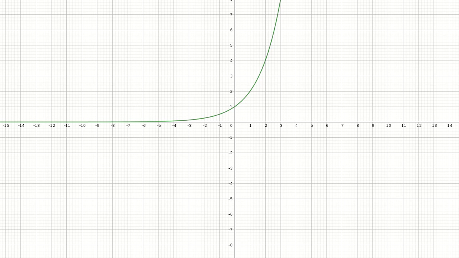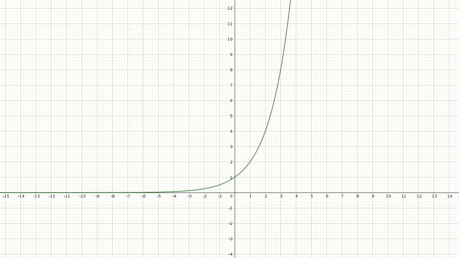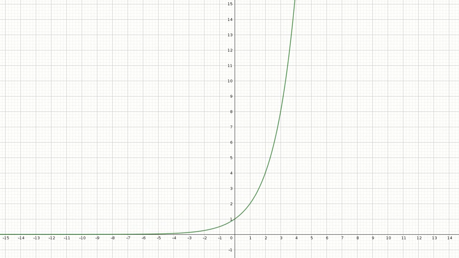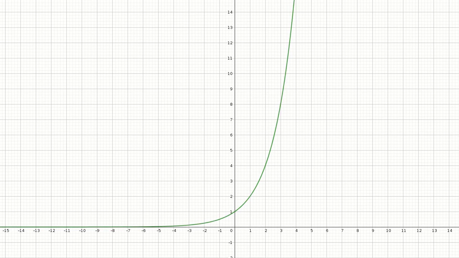Now, there's several ways of handling this, and one is the scale. If we really want to see what's happening on the vertical scale, we can scoot this whole thing down because there's nothing going on down at the bottom, so we don't need to see it. Something else we might want to do is simply rescale the y-axis.